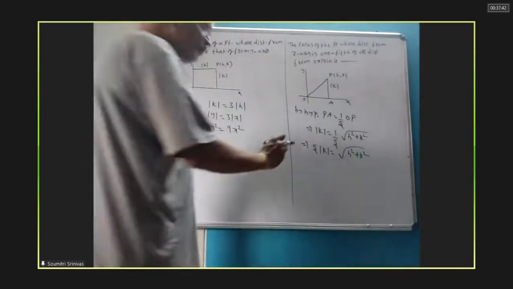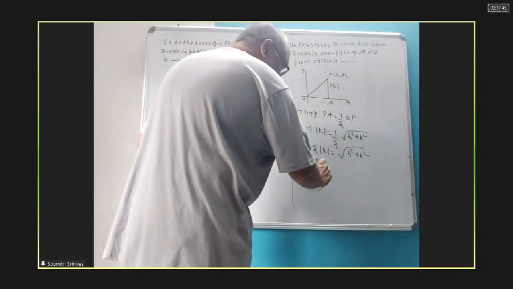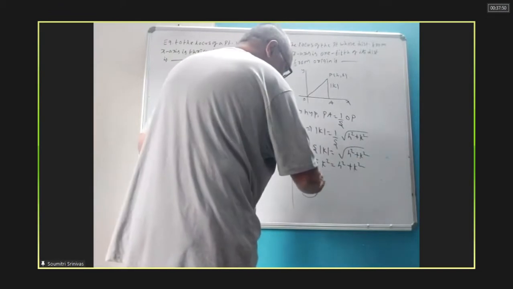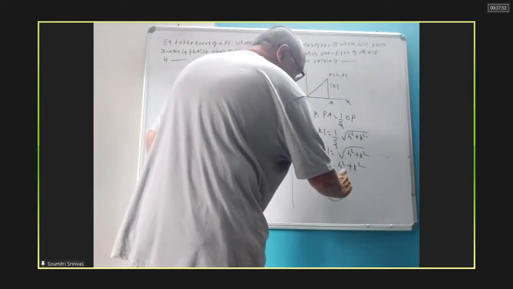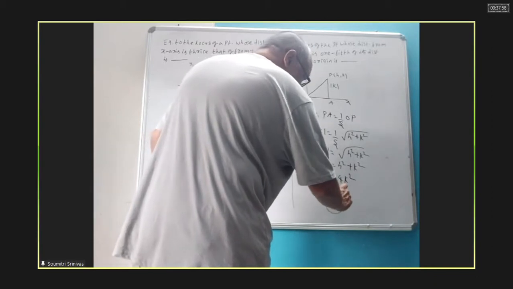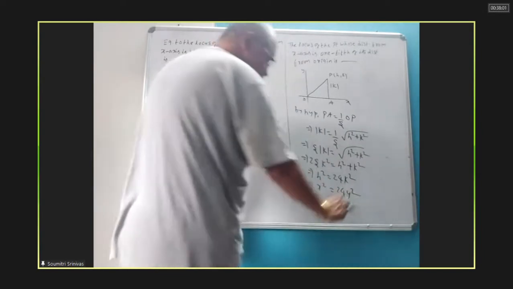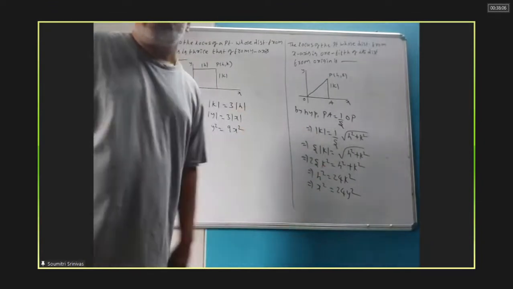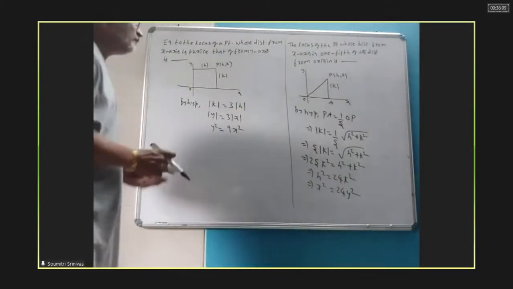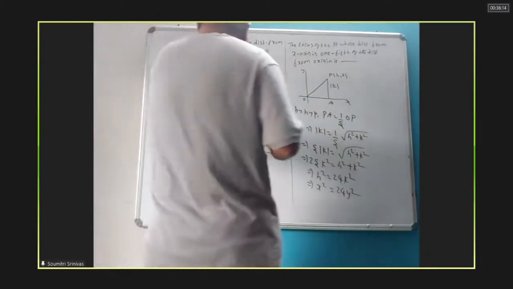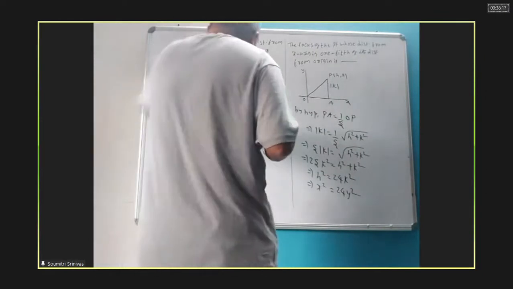Square both sides: 25 k square is equal to h square plus k square. Replace h by x, k by y. If you want, you can make that replacement in the first step also. No issues. And as somebody said yesterday, instead of h comma k, you can call P as x comma y also and start.